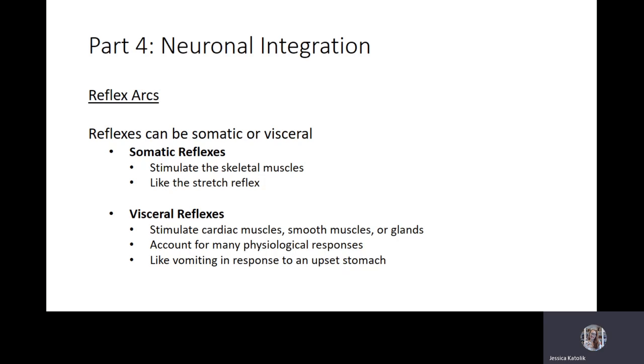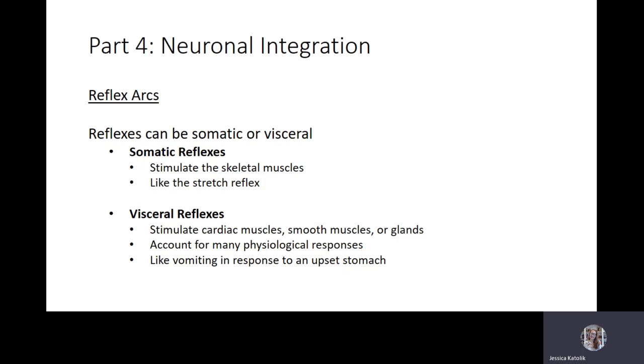So the receptor will detect that drop in blood pressure. The sensory neuron will carry that action potential or that signal to the control center. In this case, the control center is going to be in the medulla oblongata of the brain. And the brain is going to figure out what's going on, and it will determine and integrate that information and be able to understand that there is a drop in blood pressure.